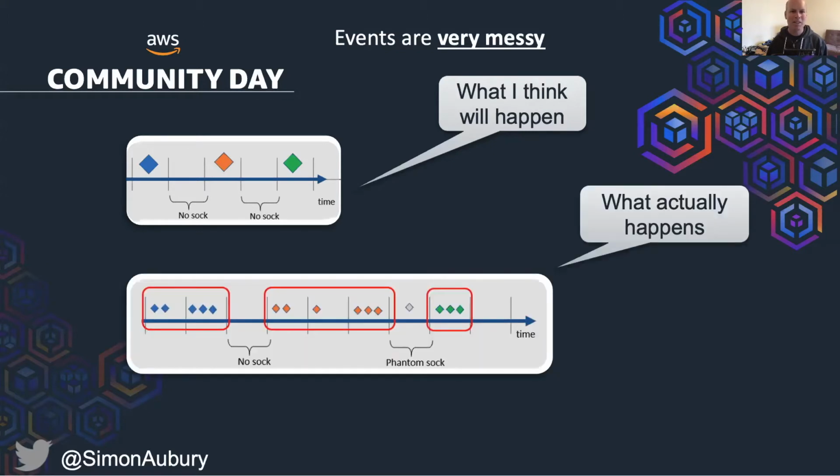So this was my mental model of how things would actually work. But in reality, things aren't that clear. In reality, what actually happens is if you hold up a blue sock in front of a classifier model, it might identify that in each and every frame. More confusing is when things move in and out of frame. So you might end up with several messages in a row, all indicating that it's seen a blue sock.